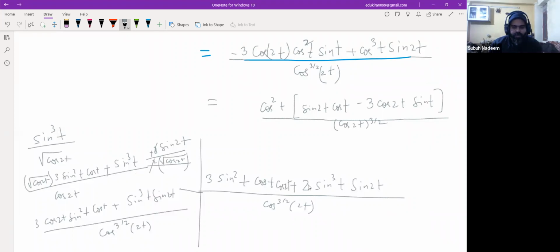So it will be plus, and then plus 2 sine cube t sine 2t. That 2 is not there because the 2 cancels. Rest is fine. Are you getting it? Yes, sir.